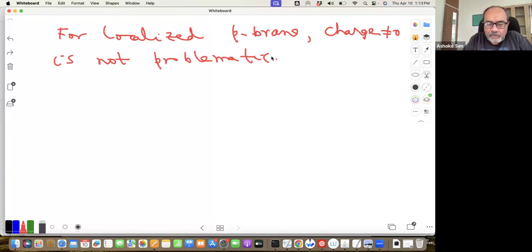This charge is localized, so it just acts as a source, and that typically happens for a localized p-brane. But if the p-brane is space filling, then of course the flux has nowhere to go. If you have a point particle in 3 dimensions, the flux just goes to infinity. Imagine in 3 dimensions you have a charge distribution that is everywhere, a non-zero charge distribution. Then that's not a consistent background, because that produces a one-point function of A0, which you cannot cancel against anything.